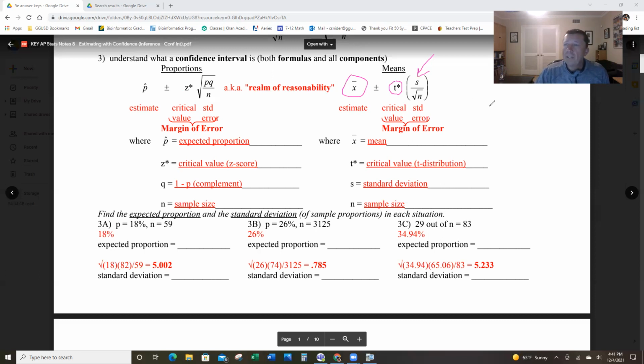Okay, if you wanted to be 68% confident, a weird number, this number will be about 1, because you can be one standard deviation away from your estimate, which is x bar, and you'll cover about 68% of the possibilities. By the way, in the real world, 95% confident is the gold standard.